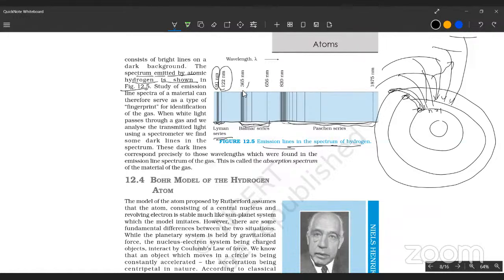In that range, 360 nanometer to 650 nanometer, the wavelengths will be emitted. These are the spectral lines of different wavelengths we get when electrons jump to the second orbit. That we name the Balmer series.